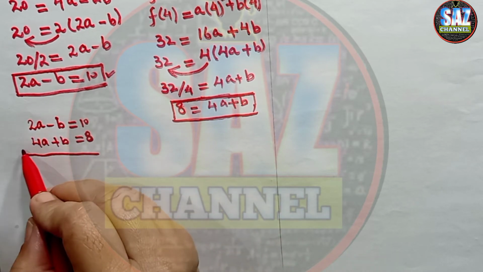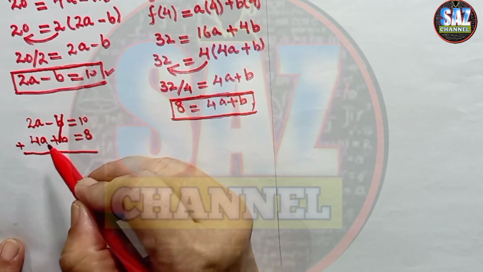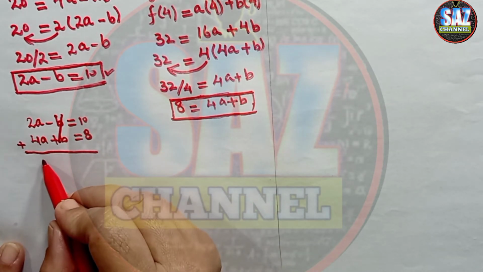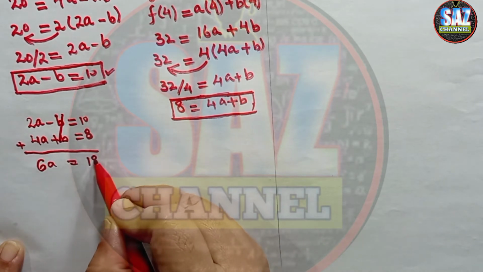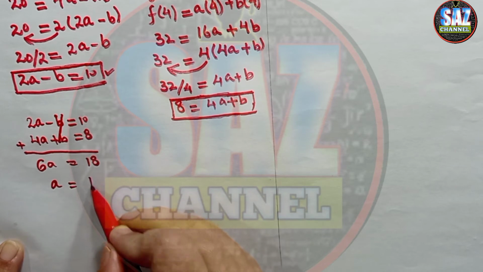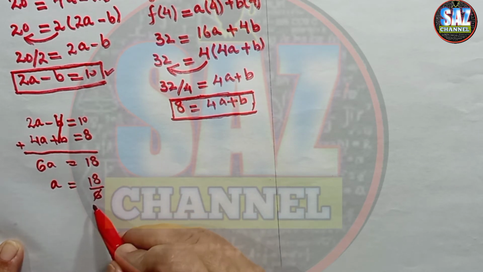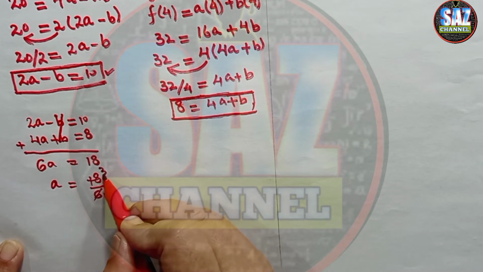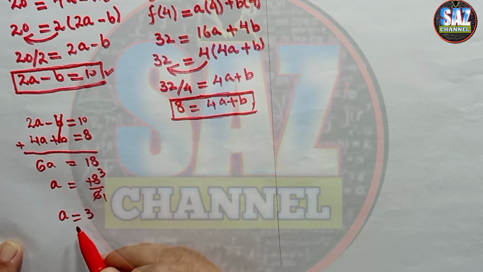So I can simply add up the equations, and b will cancel with this b, and I will have 4 plus 2 is 6a equals 18, and a will be equal to 18 divided by 6. Now read the table of 6. 6 ones are, and 6 threes are, and a will be equal to 3, which is the first requirement of the question.